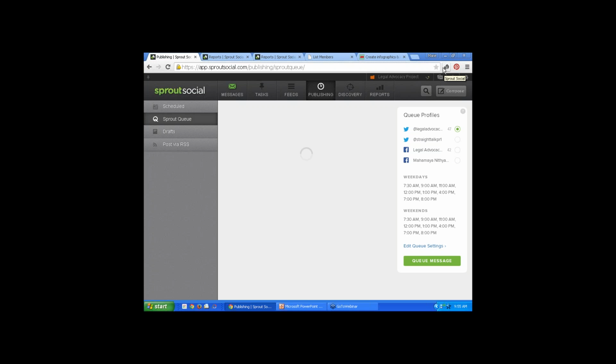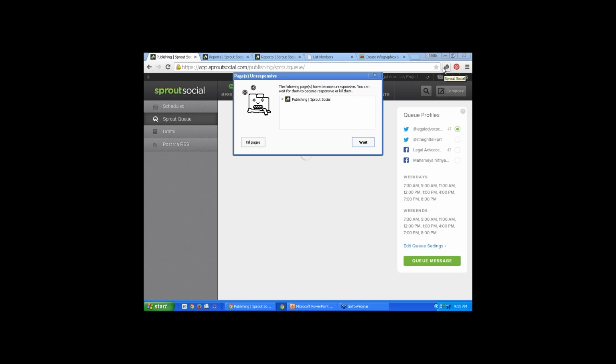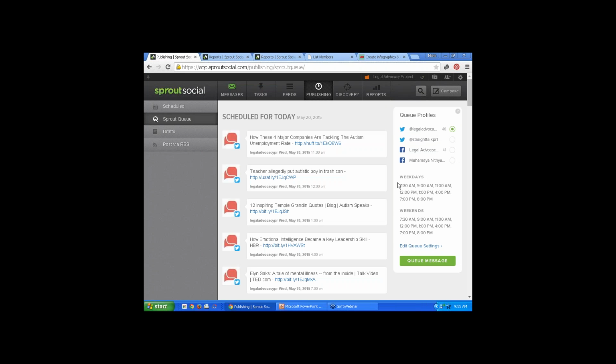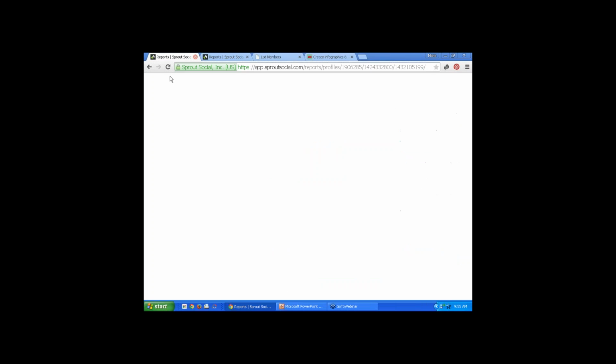In queues, we have what's called a share button. Anything that I find on the web, or that one of my volunteers finds, we can click the Sprout Social button and it will automatically load into our queue. It'll automatically schedule it on Twitter, Facebook, and whatever site is loaded into our account.